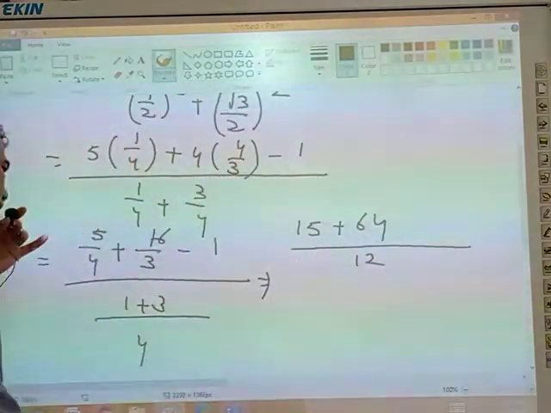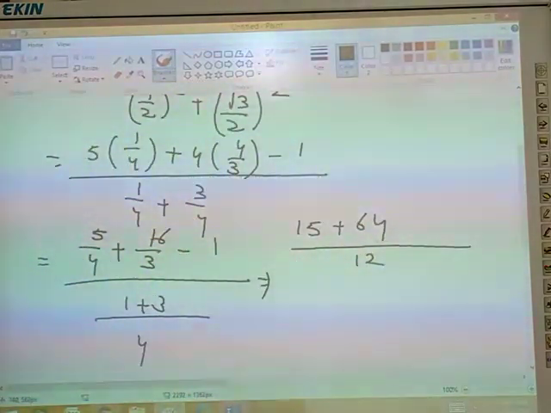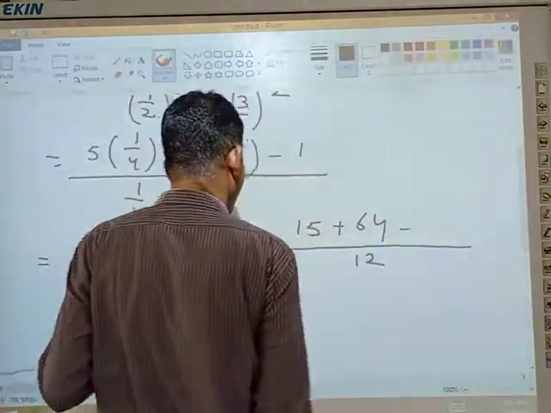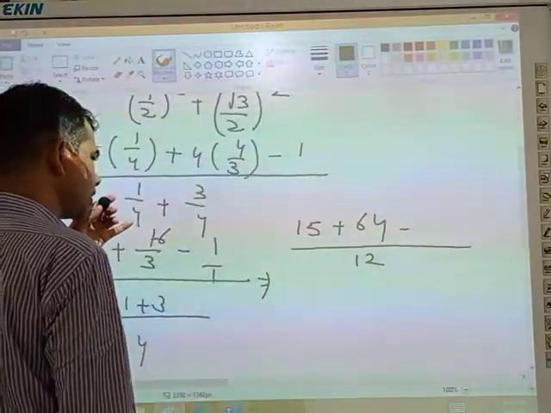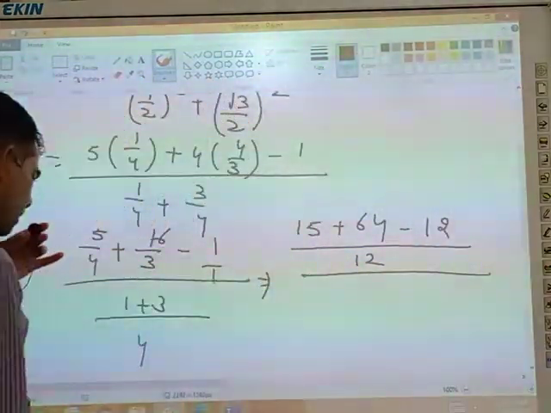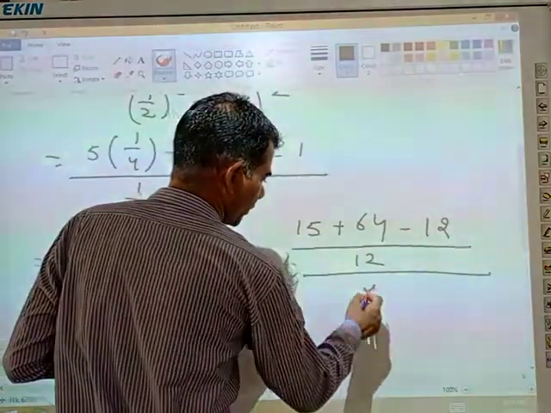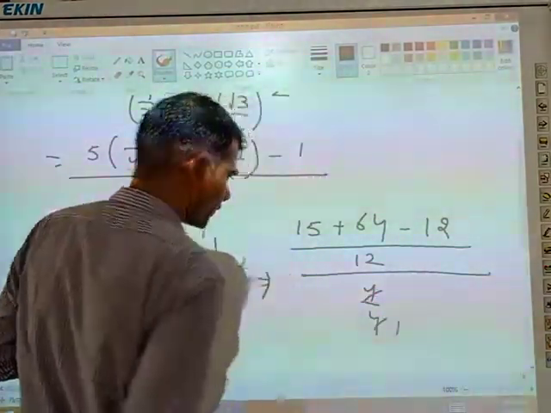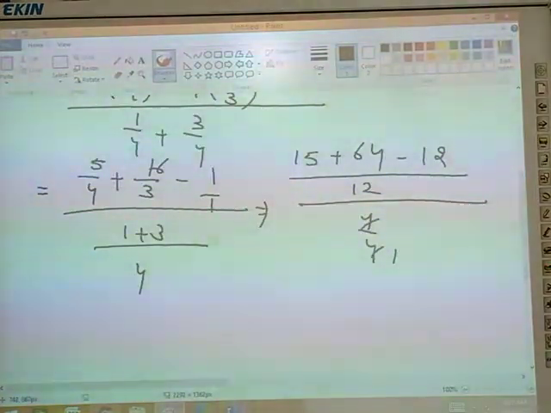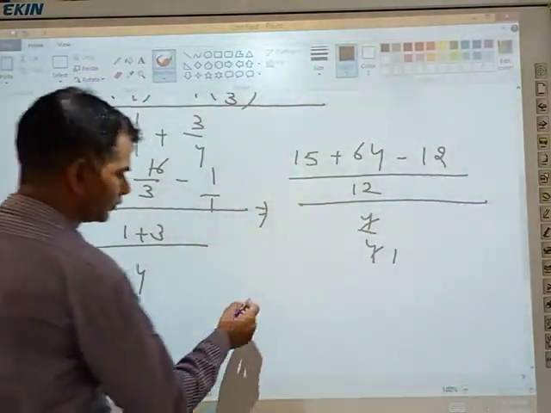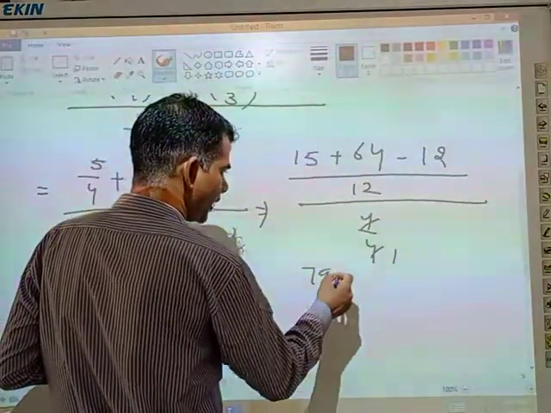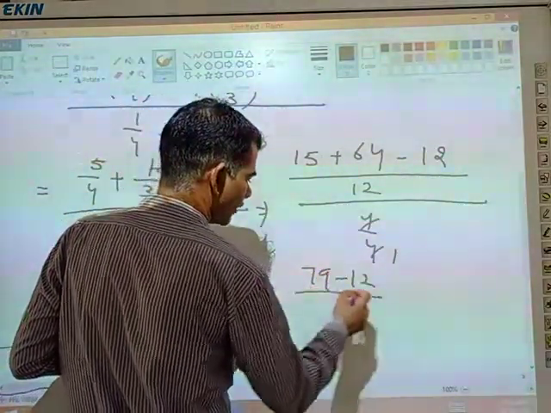Am I right or wrong? Right, sir. It becomes 1 12s are 12, minus 12. Now 4 by 4, it becomes 79 minus 12 upon 12.